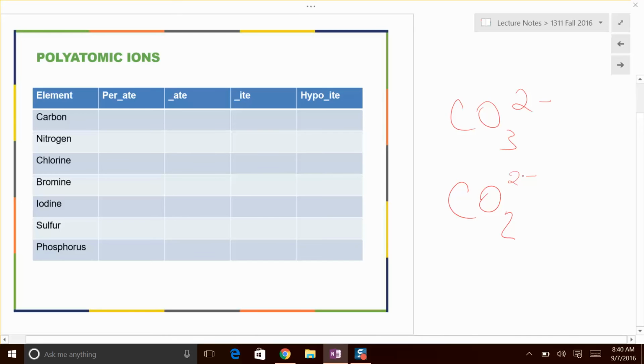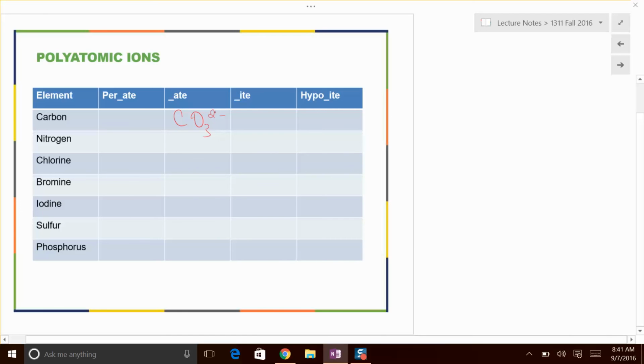We are going to learn how from our periodic table we can identify the different polyatomic ions. We'll start here with carbon, in the ATE section right here. Carbonate has 3 oxygens, so you have CO3, and its charge is 2 minus.